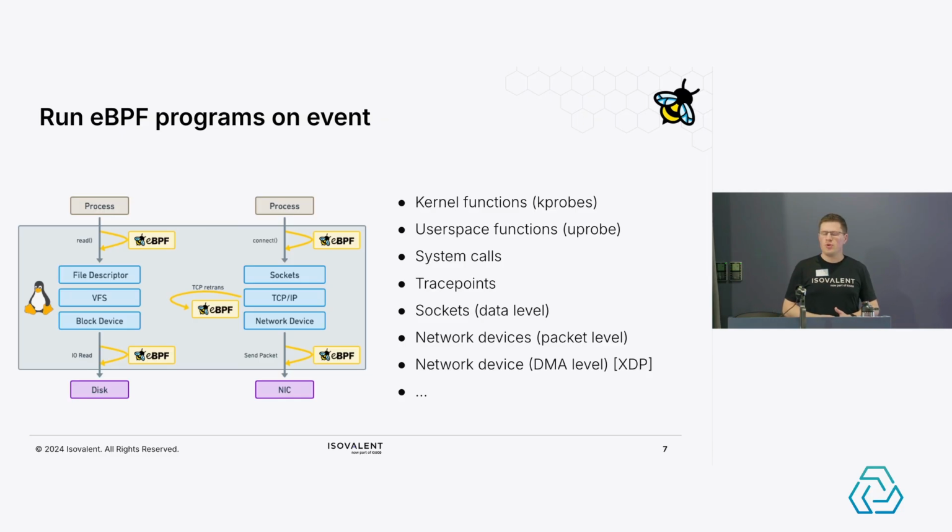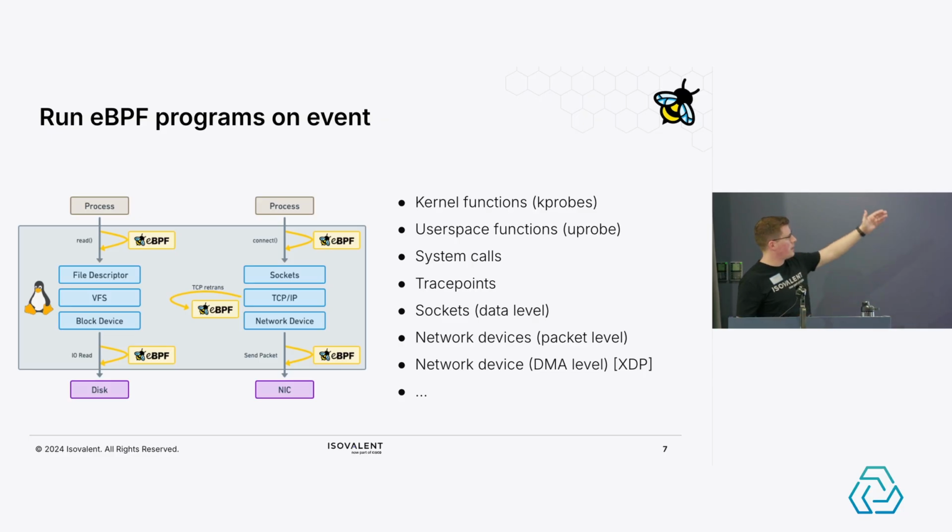With eBPF, you can attach so-called BPF programs to specific hook points within the kernel. So in the kernel, those hook points are called kprobes, so kernel probes, or also tracepoints, for example. And it allows you to, for example, have a BPF program executed whenever a specific syscall is called, or just any kind of Linux function.